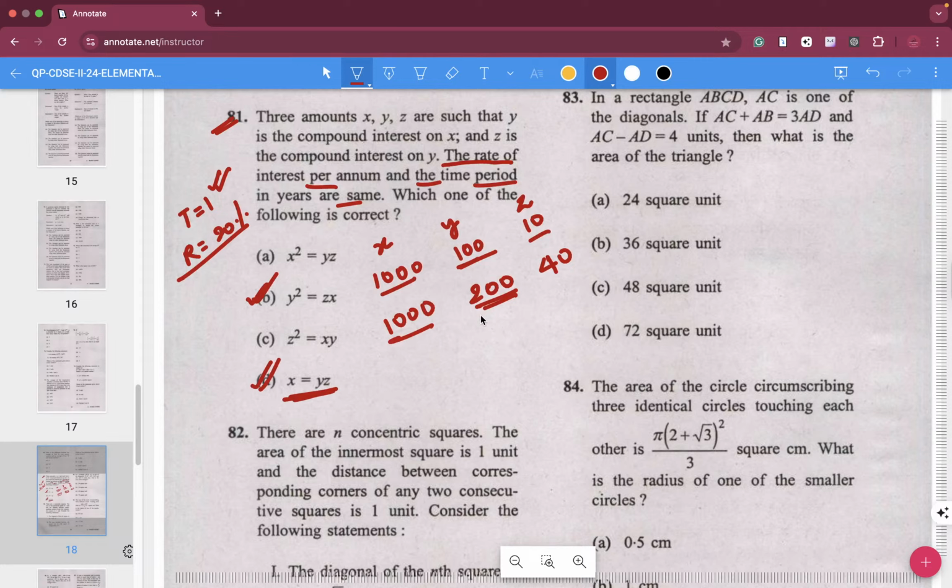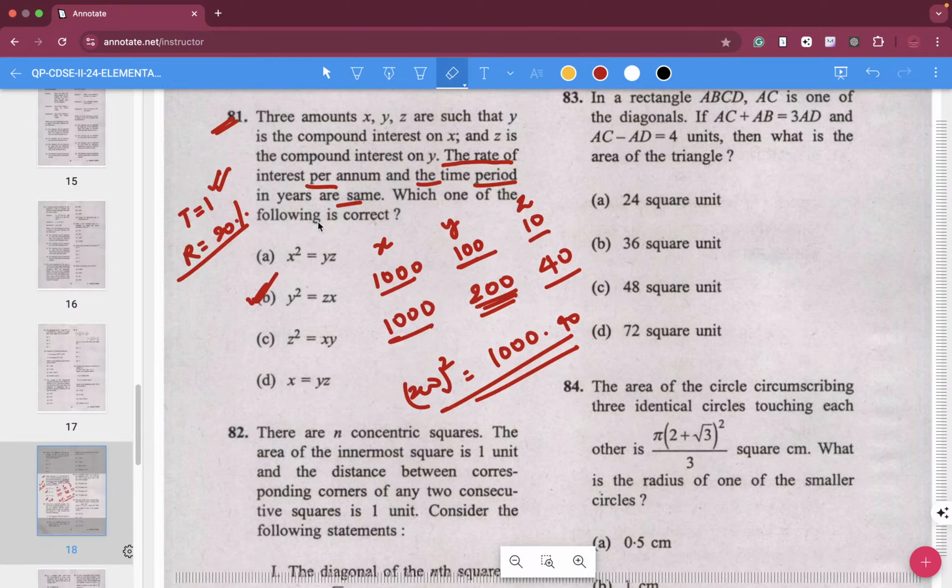This is your x value, this is your y value, this is your z value. x is equal to yz is not possible here. But y square, which means 200 square, is equal to z into x, so this one comes out to be the correct answer. So for question number 81, we will go ahead with B, y square is equal to xz, as the correct answer.